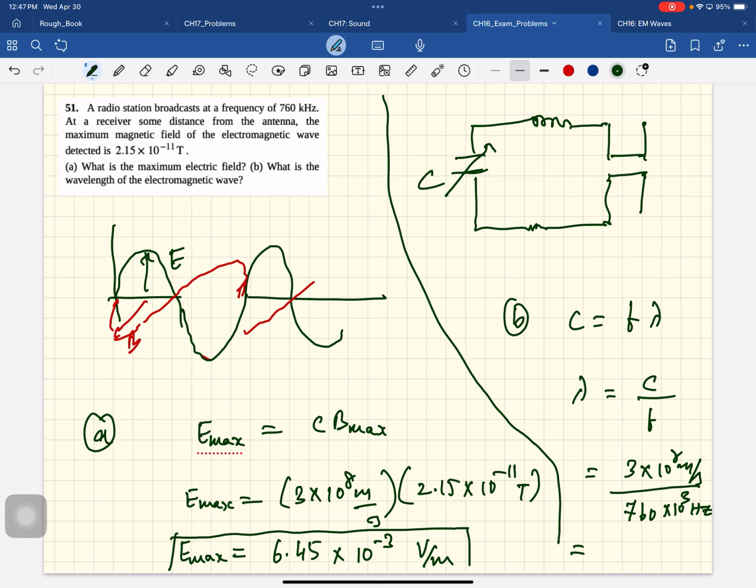This is 0.76 times 10 to the 6, so 300 divided by 0.76, 395 meters. So the wavelength of this frequency is about 400 meters, which is roughly from here to Mainland High School.